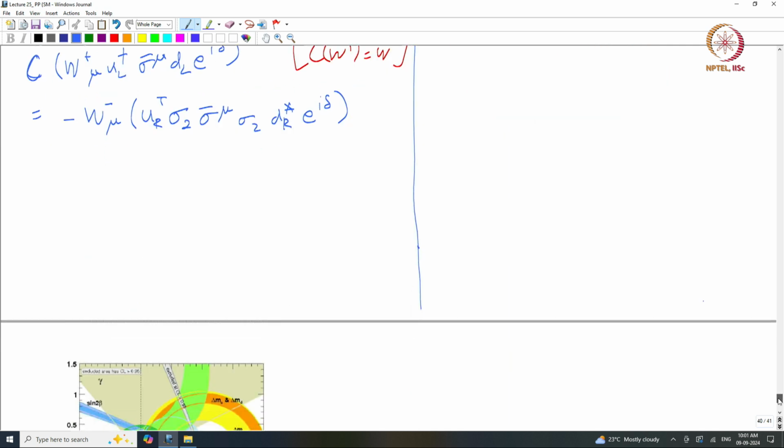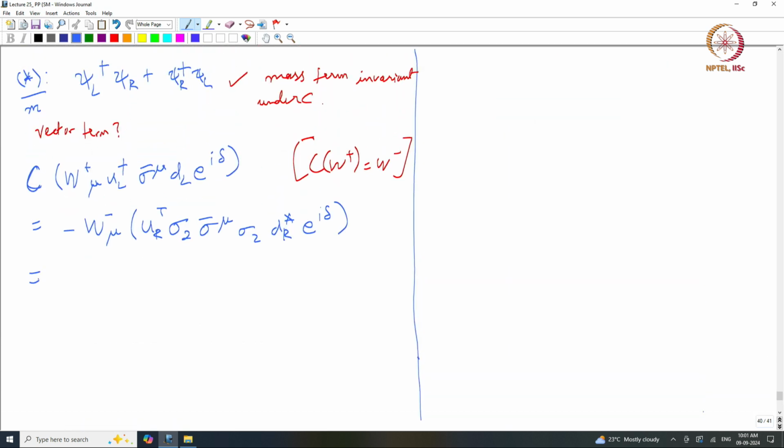Now, I am going to write down what this is, and I will tell you what properties of the Pauli matrices I used. This turns out to be nothing but W minus dr dagger sigma bar mu ur e power I delta. Okay. So, I will tell you what I did here. So, I used two things. What I did was I used first of all the fact that sigma 2 sigma I sigma 2 is nothing but sigma I itself if I is equal to 2.